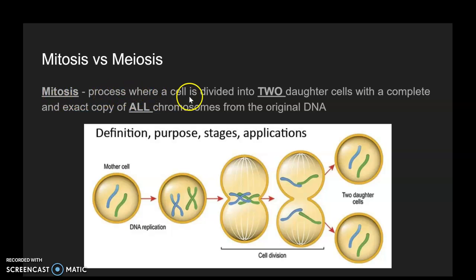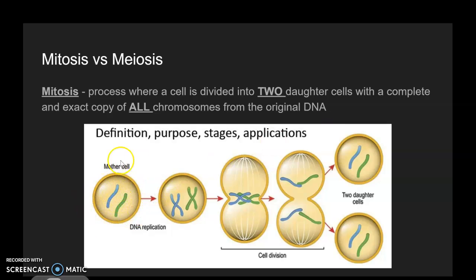Mitosis is a process where a cell is divided into two daughter cells. There we go again, basically the offspring cell. So here's the mother cell or the parent cell. And then it gets split up into two daughter cells here with a complete and exact copy of all chromosomes from the original DNA.